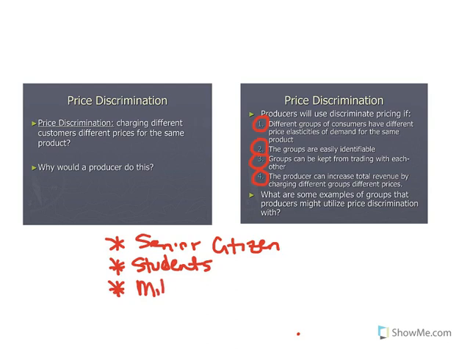Military. Again, military are generally on a fixed income. Families. In other words, firms know that it's more expensive for families to utilize particular services or goods, so they're less likely to go out. So think of something like a restaurant offering a kids eat free night. That's an example of price discrimination.